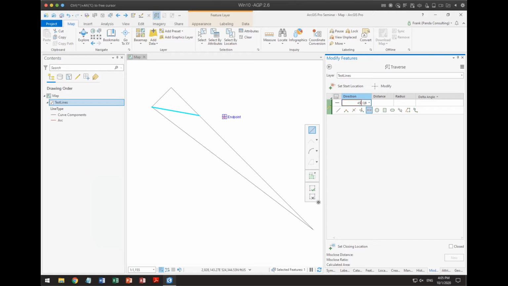Let's start off here. As you're doing a curve, let's make this the tangent bearing. This is 0. Our radius is now 50 feet, and our central angle is 45 degrees. As you're doing that, it will automatically calculate the tangent bearing out of that curve.